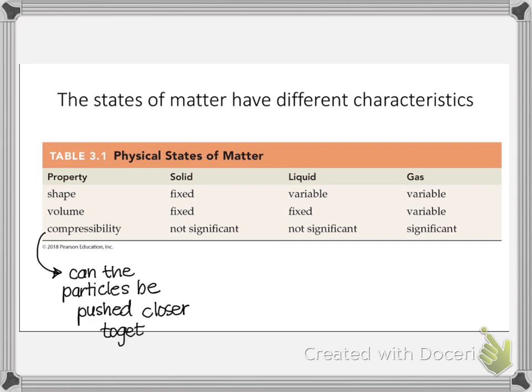So again, if you think about how the particles already are in that particular state, you might be able to then infer their compressibility. So if we look at a solid first, which is in this first column, their shape is fixed, their volume is fixed, and the compressibility is not significant. So you really cannot push the particles significantly closer together. The particles are already close to each other.